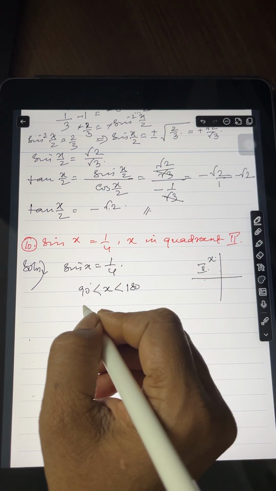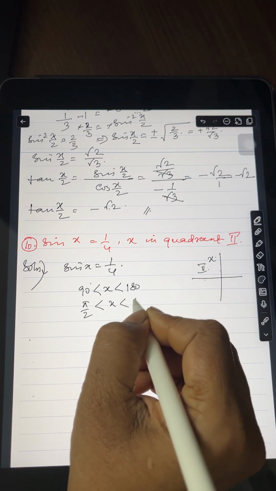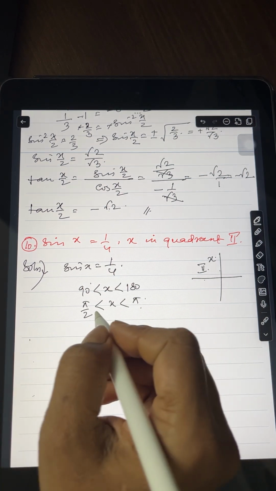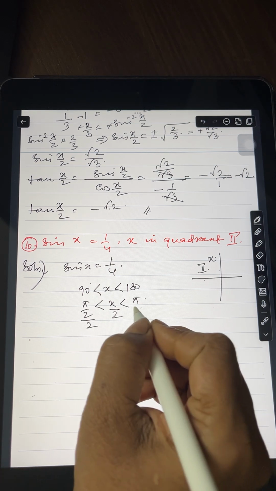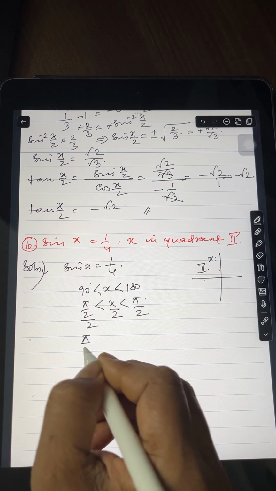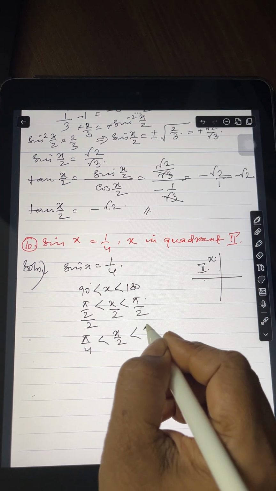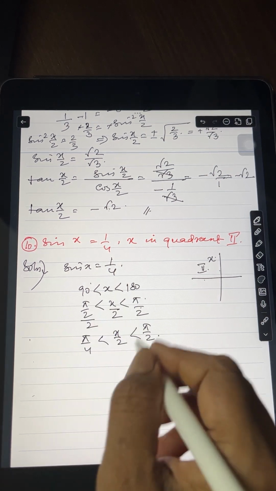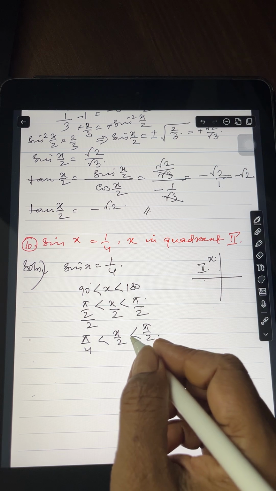So in radian form, pi by 2 is less than x is less than pi. Now if I divide by 2, I'll have to divide by 2 everywhere. So what I get? Pi by 4 is less than x by 2 is less than pi by 2. So in which quadrant will x by 2 be?